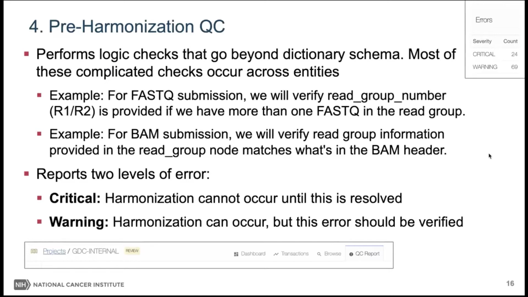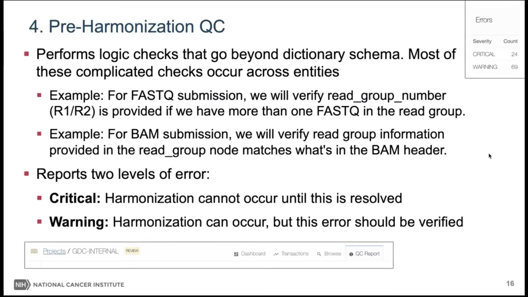We also have another level of error, and that's the warning. If you have warnings in your project, harmonization can still occur, but the error should be verified to let us know that this is actually how you want your data. For example, if there are two samples within one aliquot, this looks kind of weird to us, so we'll throw a warning.